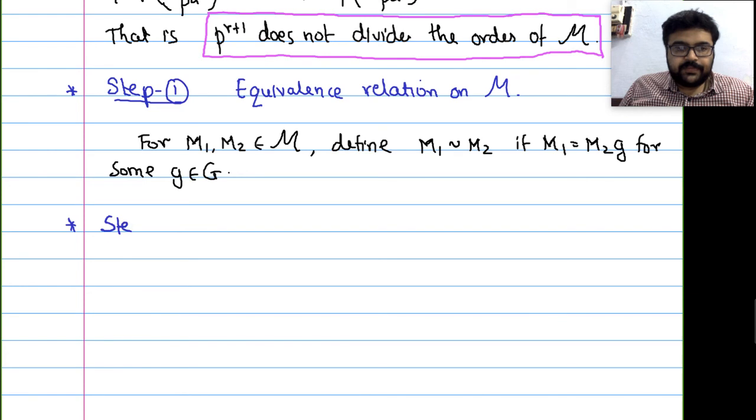Next is step 2. After the equivalence relation, what comes? The equivalence class.